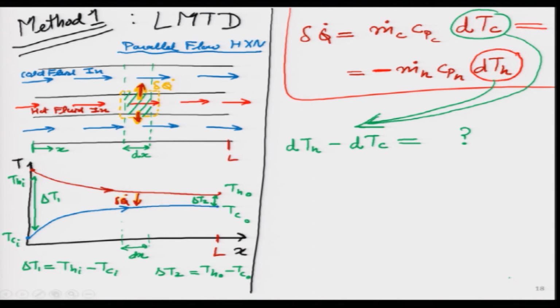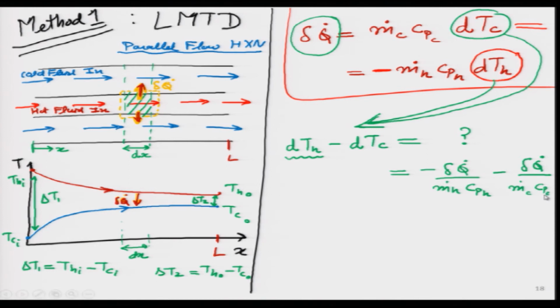I think so, because I have both of them as a function of delta Q dot, which means I can write the first term as simply delta Q dot divided by this expression. So, it is delta Q dot divided by m dot_h Cp_h. This is the first term, minus the second term, minus delta Q dot divided by m dot_c Cp_c. This is also small.